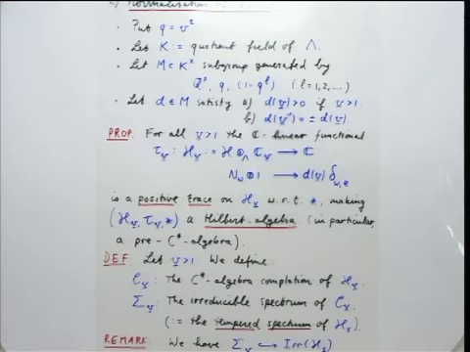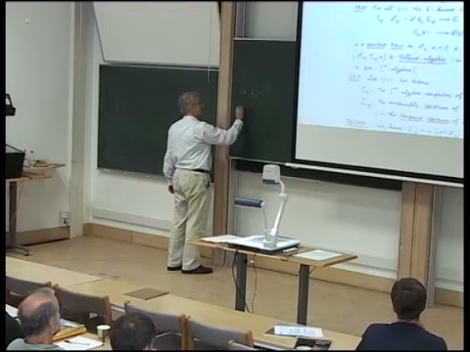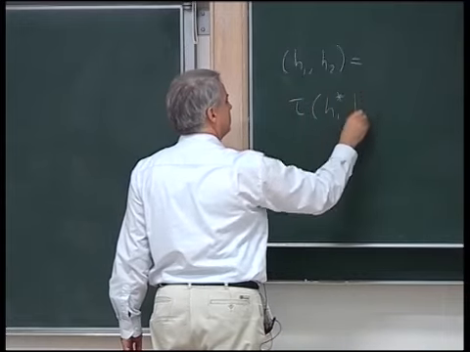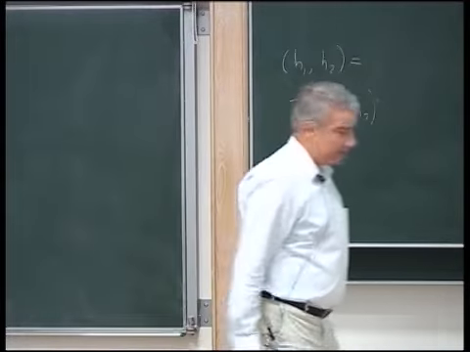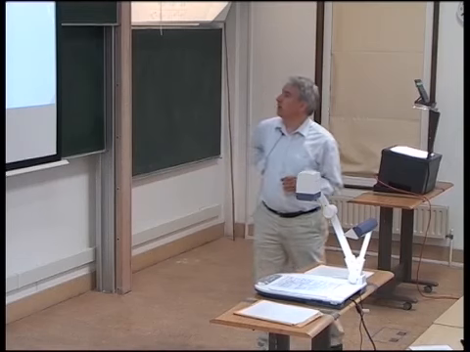And that means that the left and right regular representation of the Hecke algebra is through bounded operators with respect to the natural Hilbert structure that you get from this trace and star. So the inner product, I didn't write it down, but the inner product of h1, h2 is the trace of h1 h2 star. So that defines a Hilbert structure in which the basis elements are orthogonal, and the action of the Hecke algebra on itself is by bounded linear operators.